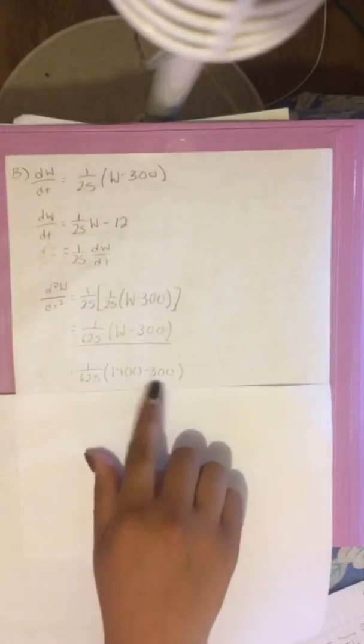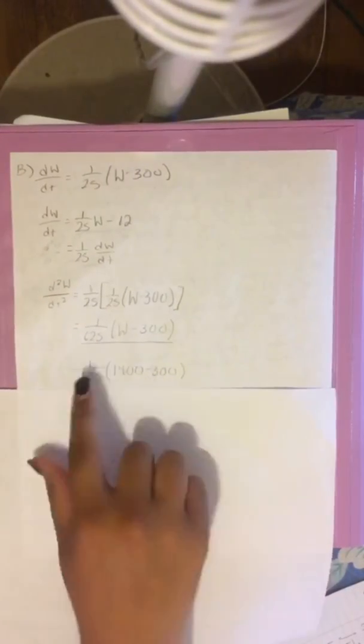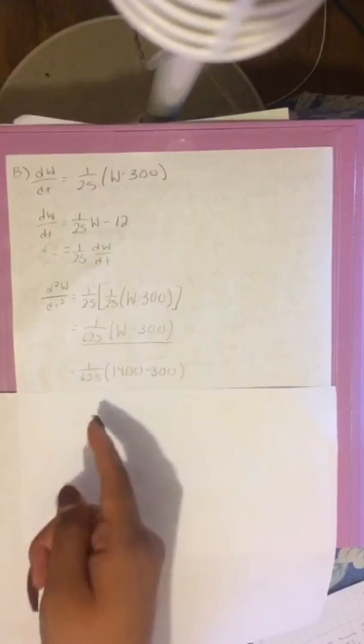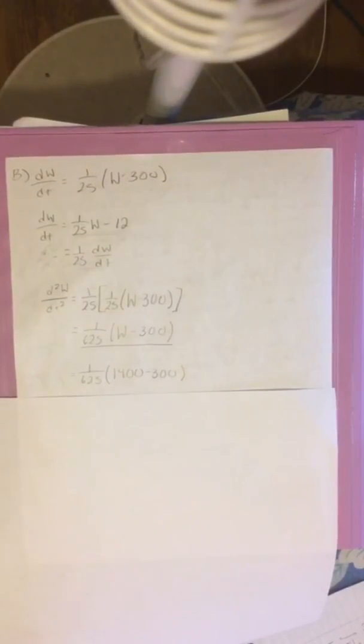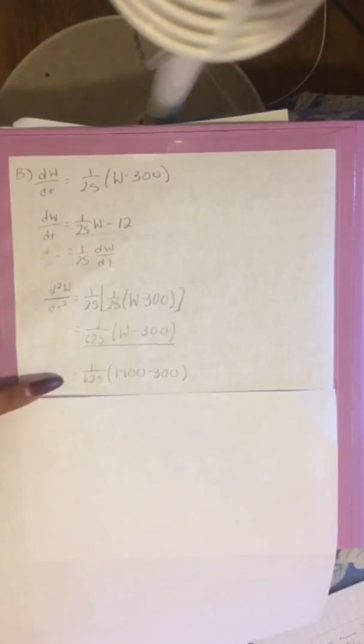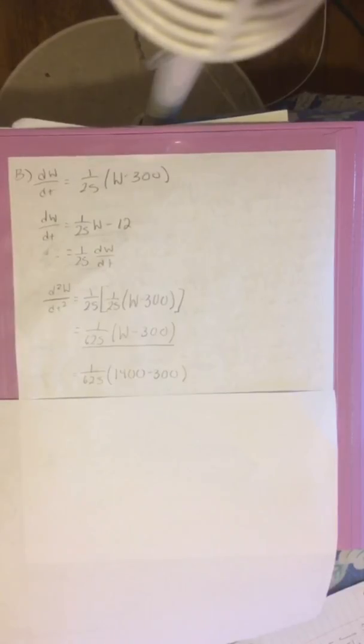When we subtract this, it's going to be positive, and since this is positive, the answer will be positive. This means the function is concave up. As it increases, it will continue to stay positive, meaning we have an underestimate.